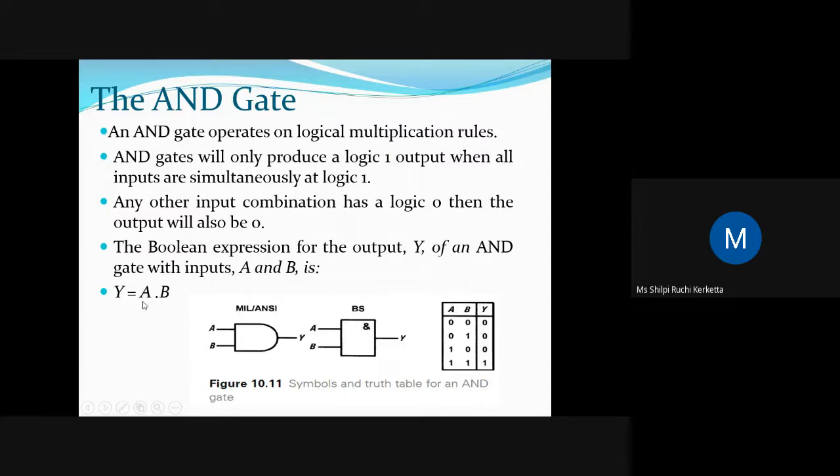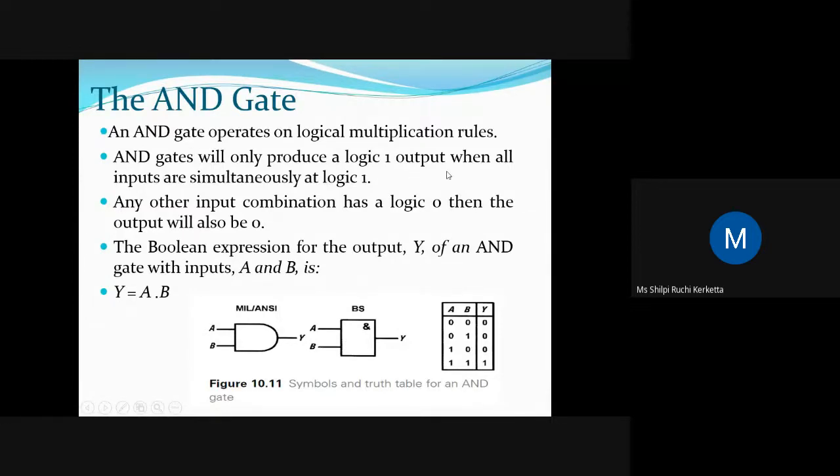It is the multiplication of A and B. If we multiply 0 and 0, we will get 0. If we multiply 0 and 1, then also we will get 0. If we multiply 1 and 0, then also we will get 0. But if we multiply 1 into 1, then we will get 1. So this truth table is defined here.